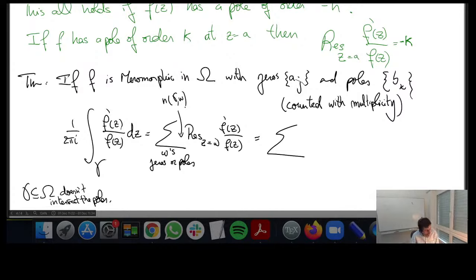And so we have the sum over j's, because if the zero is simple this term is one, and if the zero is of order 10, this term is equal to 10, and in this sum it shows up 10 times. So this is the same. Minus the sum over k, and then the poles show up negatively.